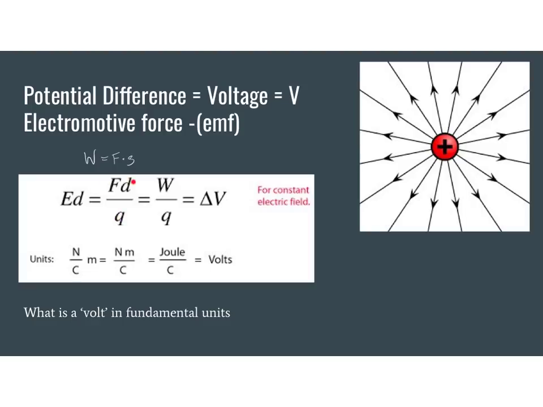Now force times distance, maybe I should have written this one up here. In this particular case, that's force times distance. D and S are the same thing in this particular equation. They're just different terminology. And so we can substitute in now, instead of force times distance, we can put work.